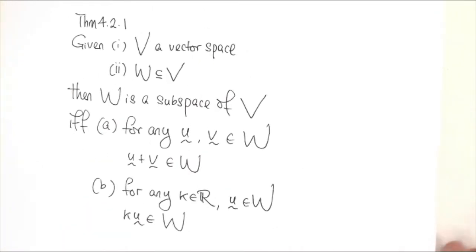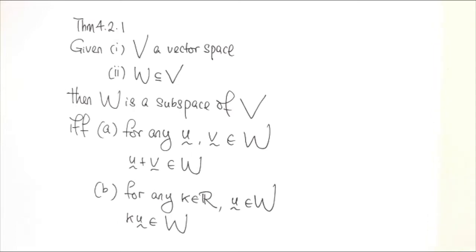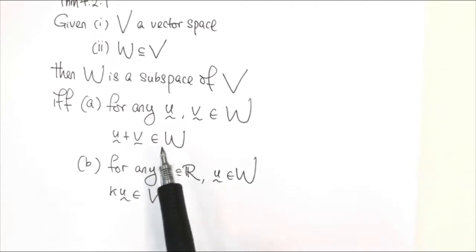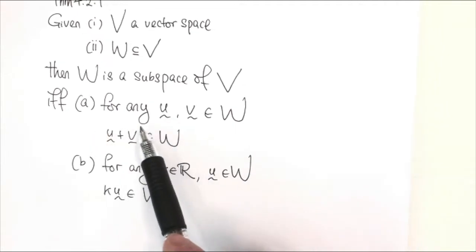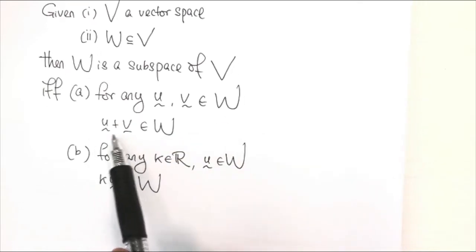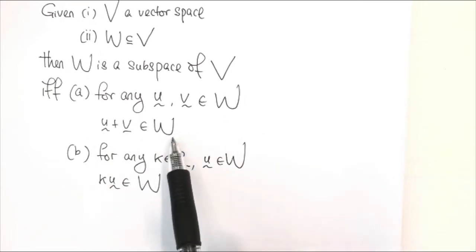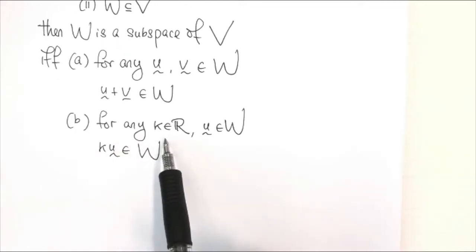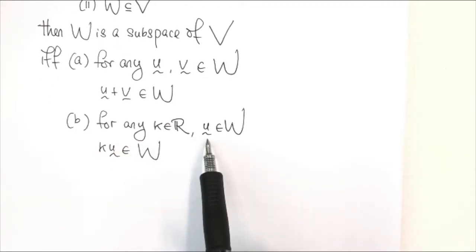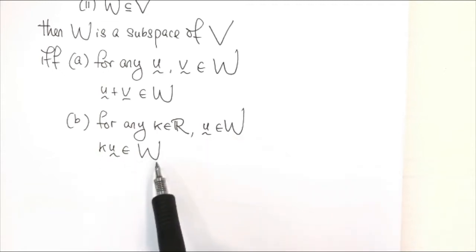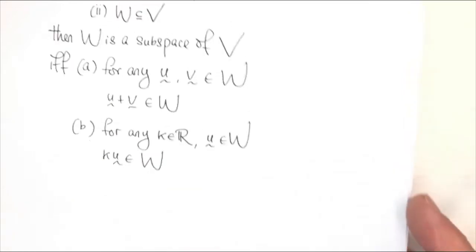Theorem 4.2.1 says that in order to verify whether or not W is a vector subspace of V, you need to check, number one, whether for any elements u, v in this set W, the addition u plus v is also an element in this set W. You also need to check that for any real number k and for any element u in W, your scalar multiplication ku will still be in this set W. There's a shorter way of saying this.